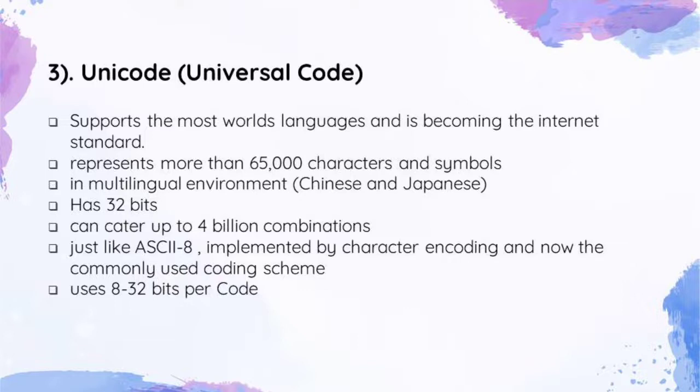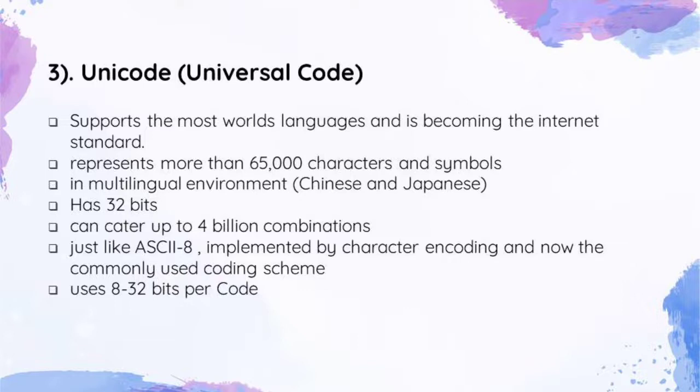As I said earlier, the world's most languages, even complicated languages like Chinese and Japanese, have different letters and different characters for their language. But still, the Unicode could cater to that. And that's why the Unicode is becoming the internet standard as of today.